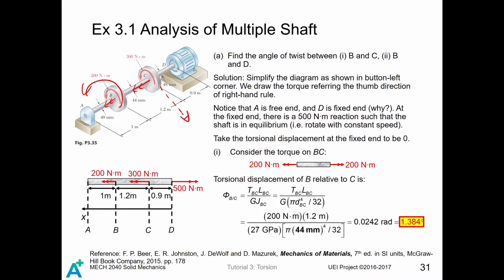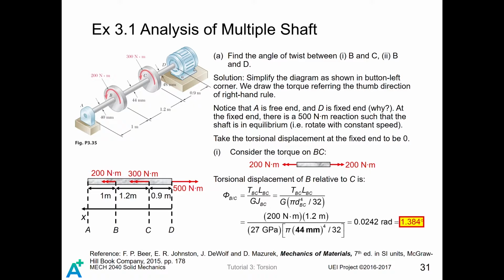That means there is no total net torque on this system. Consequently, there must be a reaction torque of 500 Nm, exerted by the motor on this circular shaft. Notice that although the motor is rotating very fast at this end, we treat it as a fixed end.